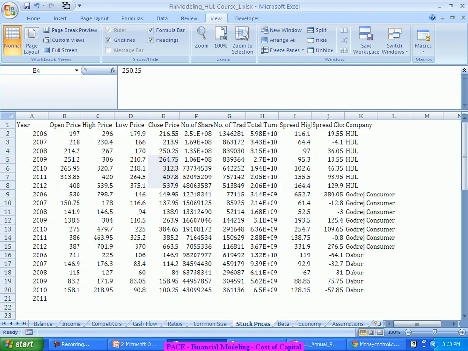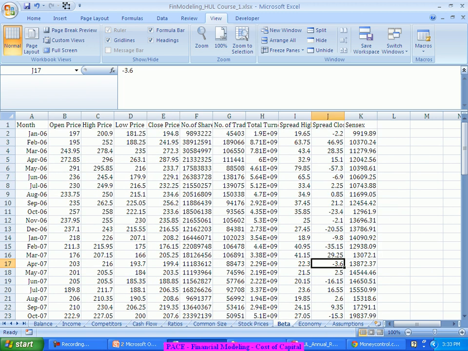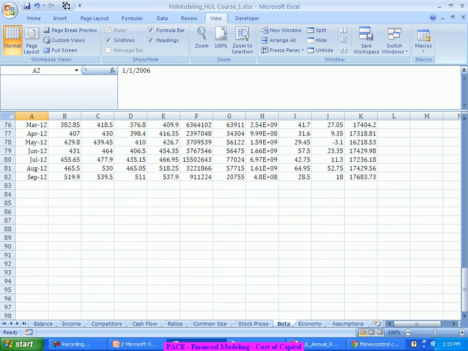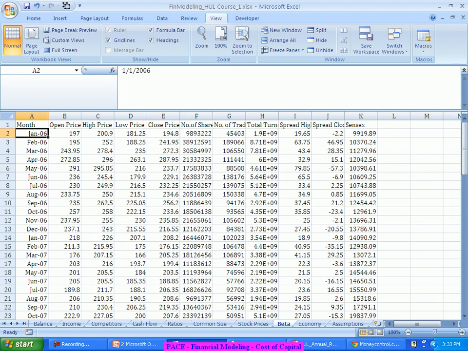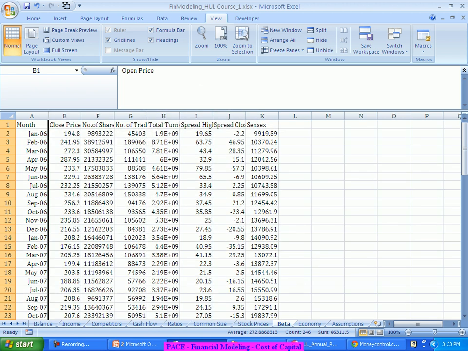So that's the reason I have collected the stock prices. And probably this beta sheet will contain monthly stock prices right from Jan 2006 till today. So I'll hide all the not required stuff to make the explanation slightly better.